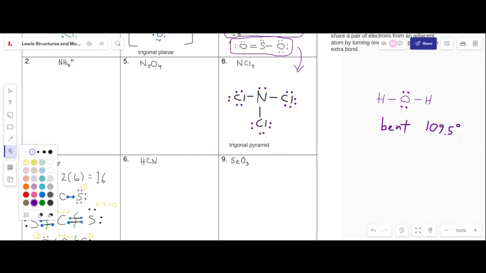Now, did you go over the Lewis structures where you had a molecule that has more than 4 electron domains, like a 5 or 6, like trigonal bipyramidal or octahedral? Okay.